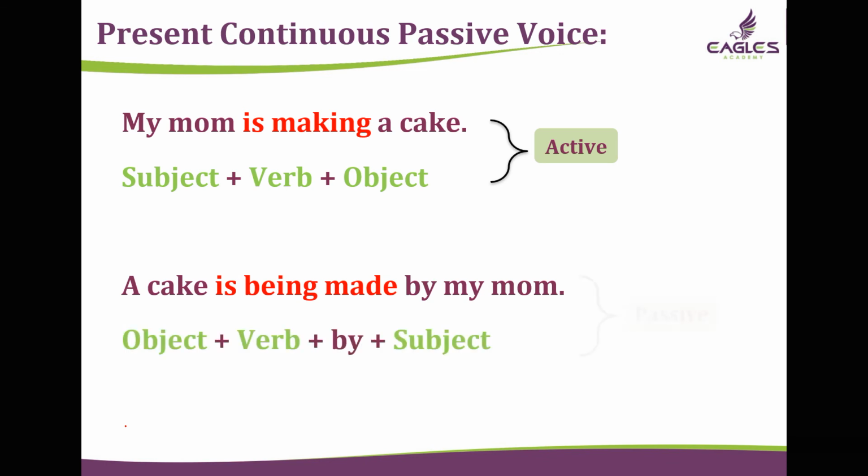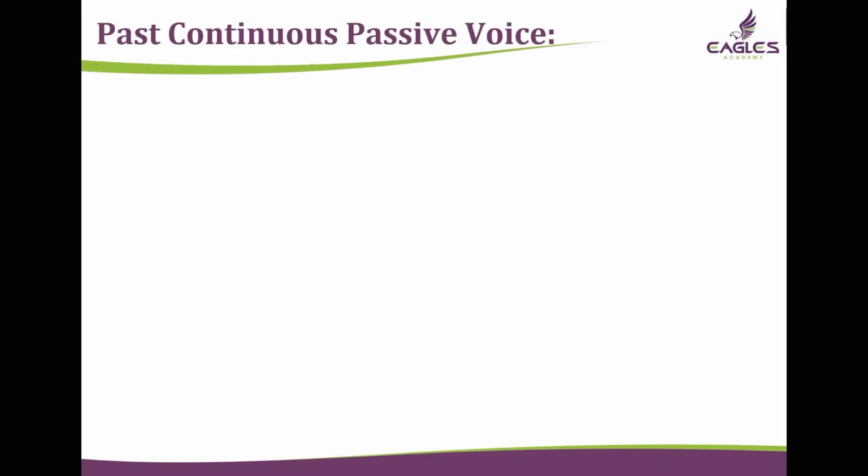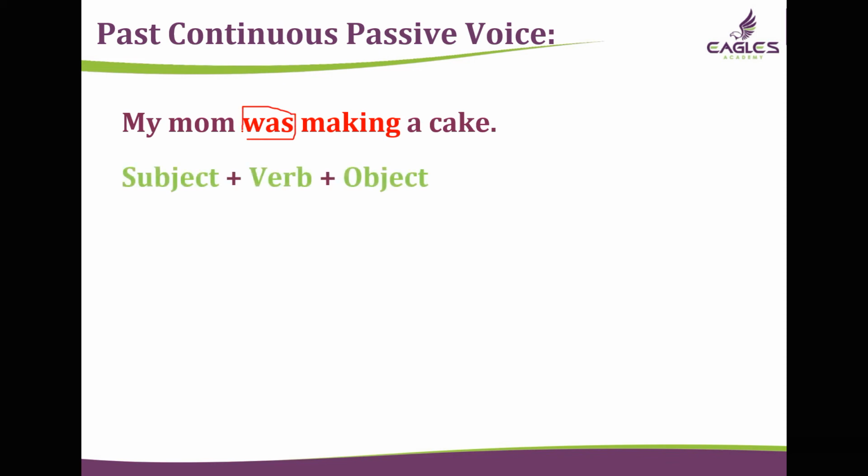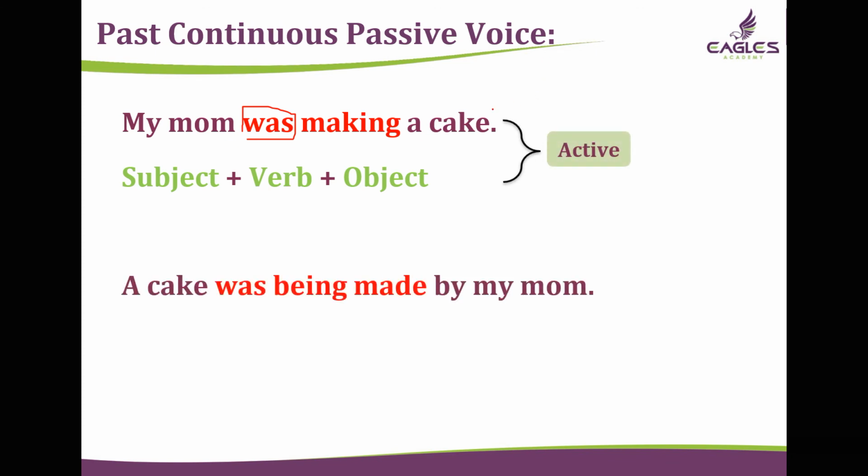And the last thing is past continuous. Past continuous is the same as present continuous, but here we have "was" instead of "is" and "are". We have "was" and "were", okay? So the same thing, we take cake, we put cake at the beginning of the sentence, we take "was", and then we say to "making", come on baby, we want to change you.